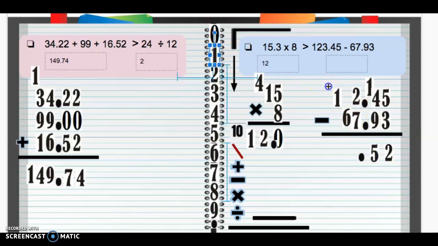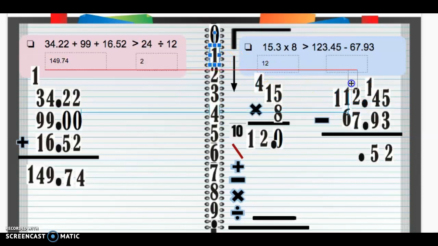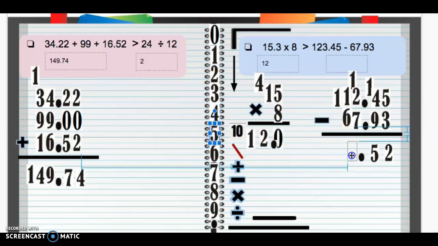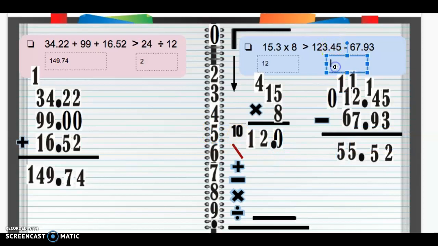My 2 becomes a 1, and then my other 2 is a 12. So 12 minus 7 is 5. 1 minus 6, I can't do, so I take from my 1, which becomes a 0, and this one becomes an 11. So 11 minus 6 is 5. So my answer is 55 and 52 hundredths.